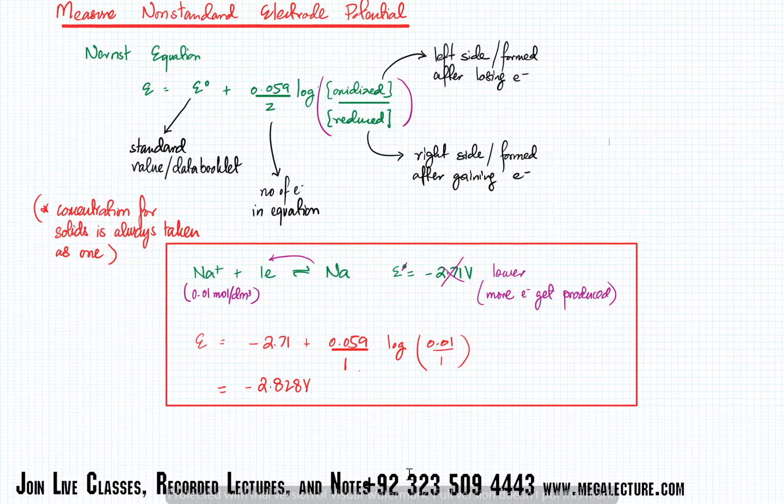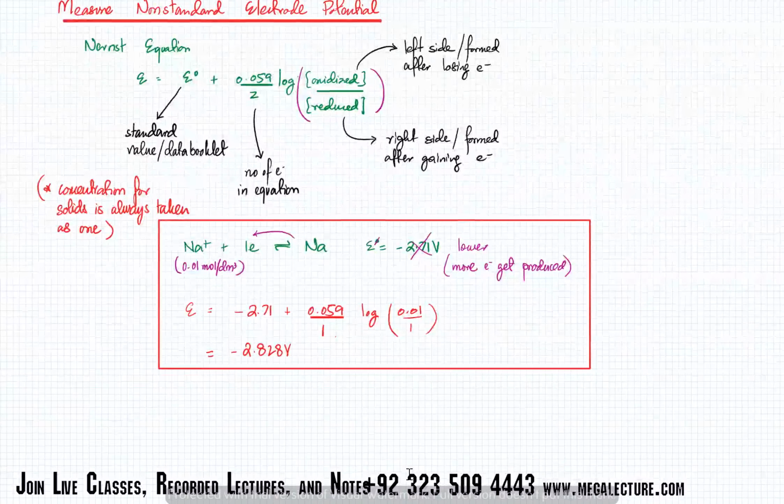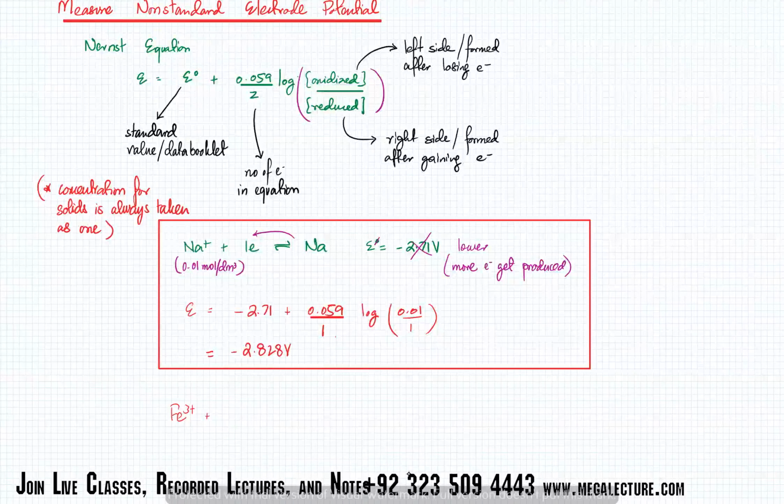So I can do another one. Let's say this one: Fe3+ plus 1 electron in equilibrium with Fe2+.